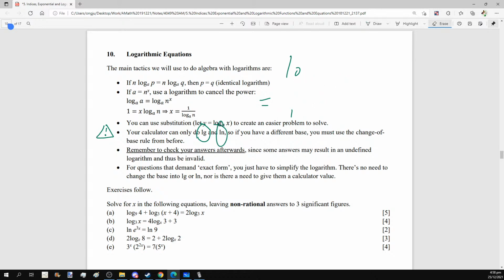The second danger area is that just like the surds that we saw 2 videos ago, sometimes you get fake news. Some of these answers are BS, and you're going to have to check the answers back with the original question afterwards.